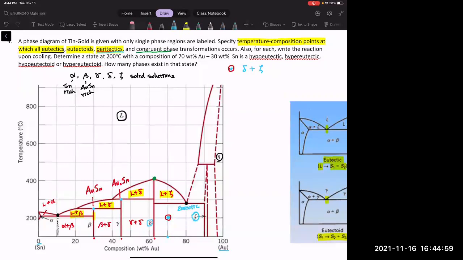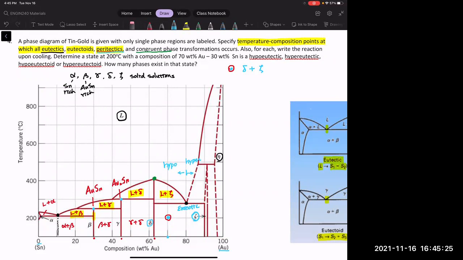right? And if you look at the book, if the composition has more concentration beyond the eutectic, which is toward the right, this region is called hyper, and this region is called hypo. It is determined by the composition of the tin.